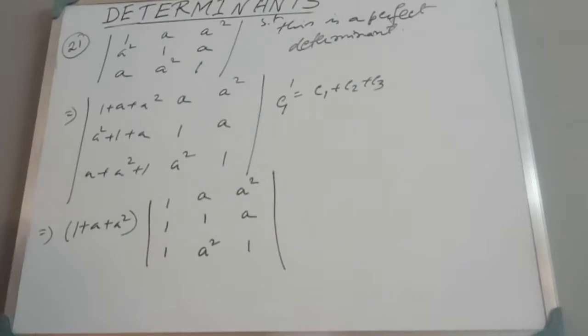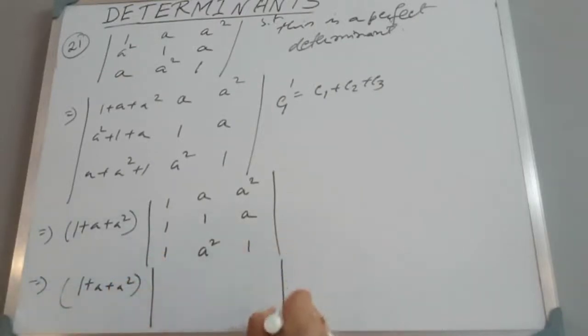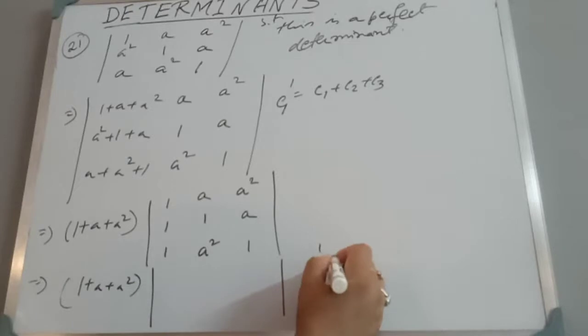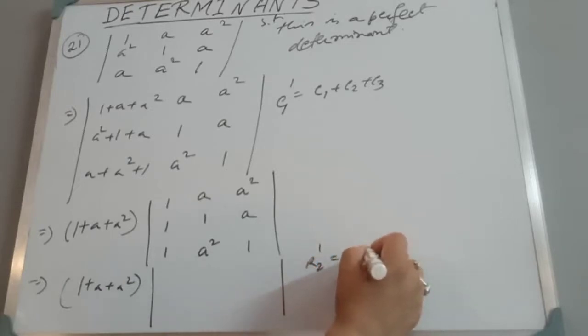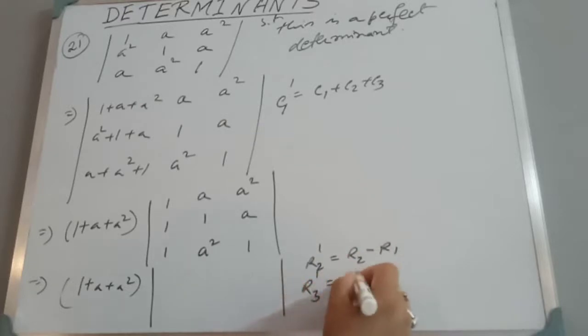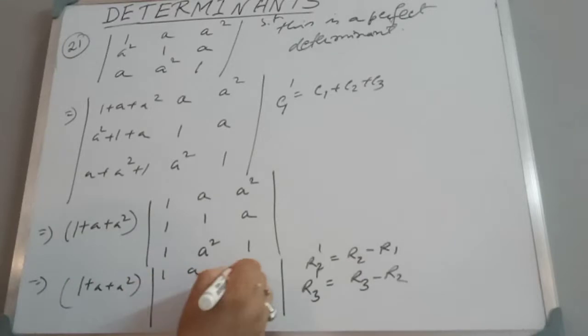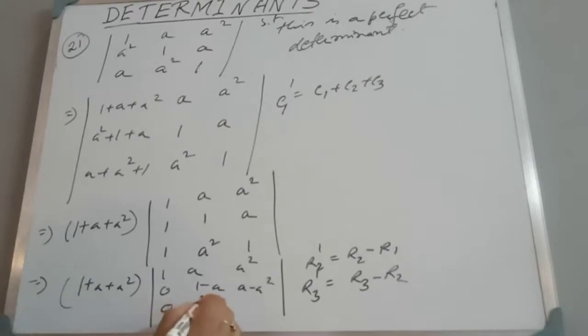Which implies 1 plus a plus a square. Now the operation given: second row R2 dashed equals R2 minus R1, and R3 dashed equals R3 minus R2. Then we get 1, a, a square; 0, 1 minus a, a minus a square; 0, a square minus 1, 1 minus a.